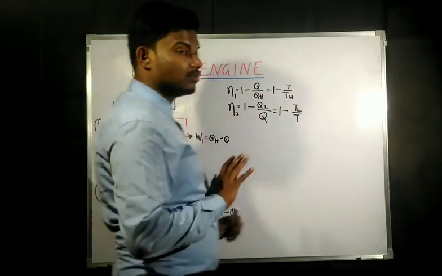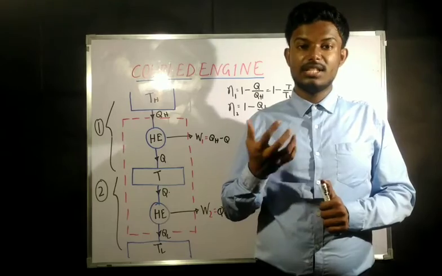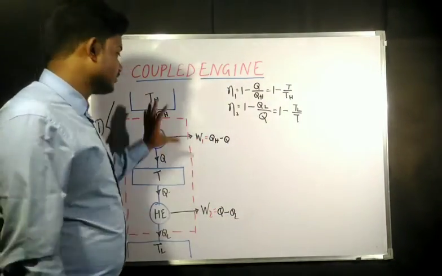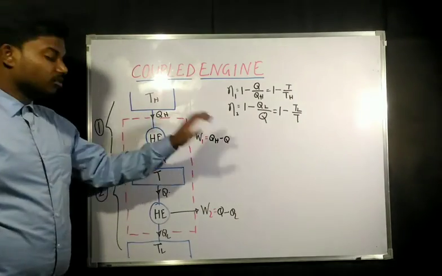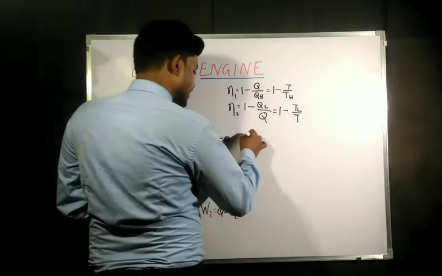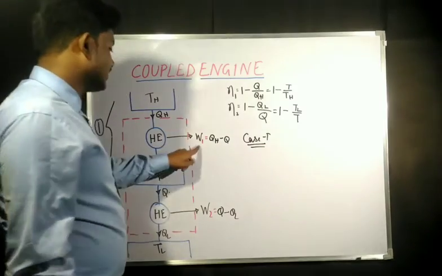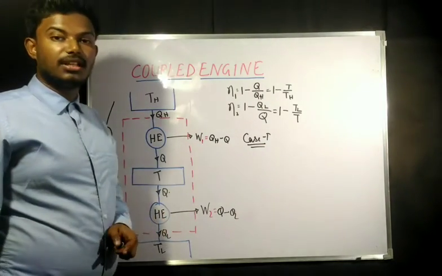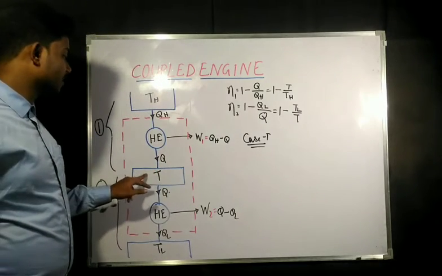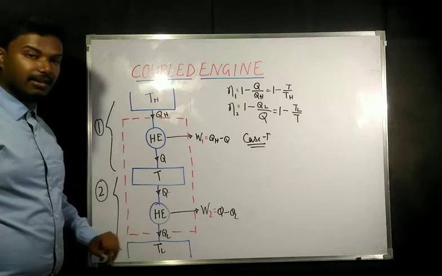Now from this we need to express 2-3 cases, and finally we will derive the overall efficiency of this coupled engine. Let us take case 1, where W1 is equal to W2. We are taking this case so that we can find the relation between TH, T and TL.